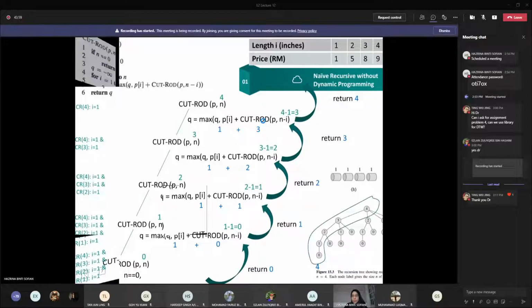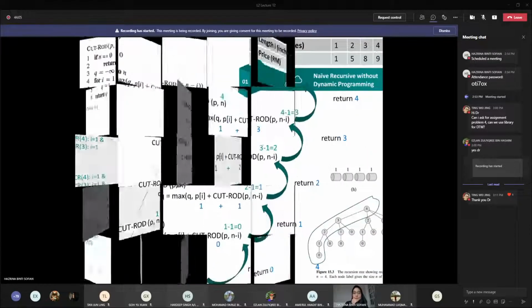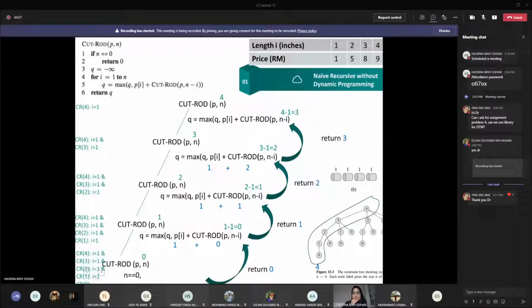And lastly, it will return 4 ringgit. So it's true, just now if we cut this into 1, 1, 1, 1, then we will get 4 ringgit. Therefore, we get this answer for one scenario.